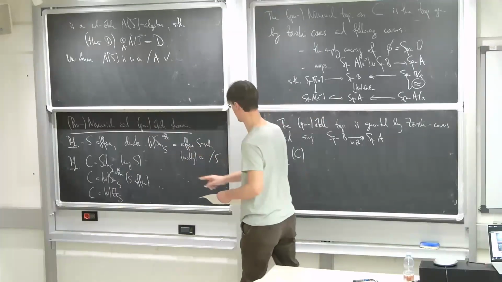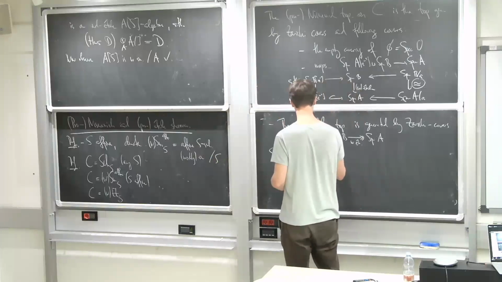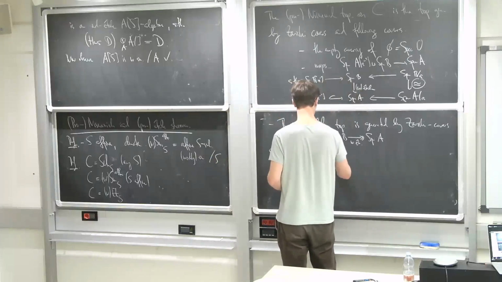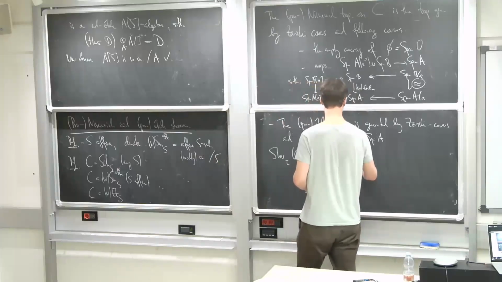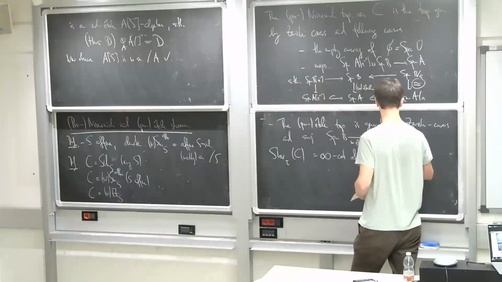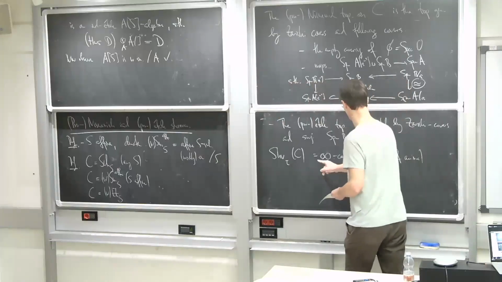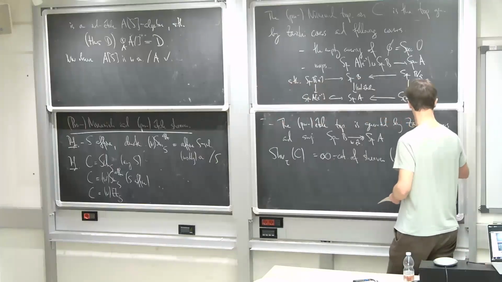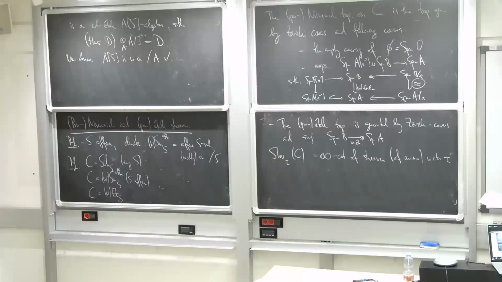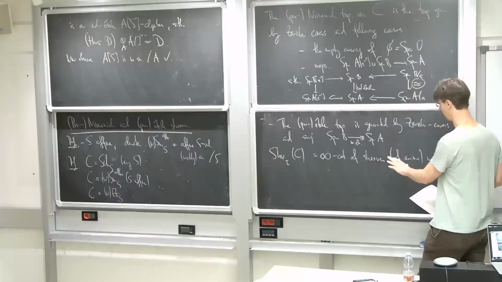C is one of these categories of schemes, and Sheaf_tau(C) is the category of sheaves, the infinity category of sheaves, of animated sets if I don't specify anything, with respect to the topology tau. I just want to point out, for those who don't want hypersheaves, that I don't insist on hypercompleteness.